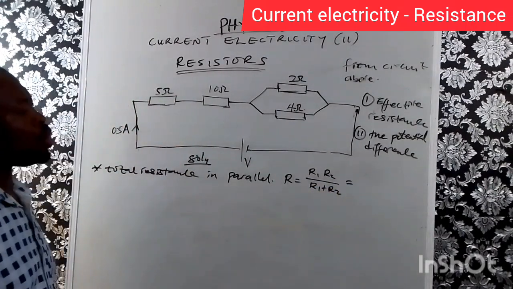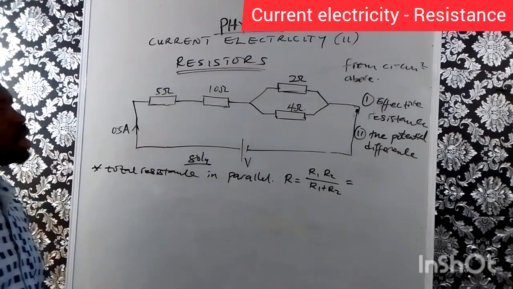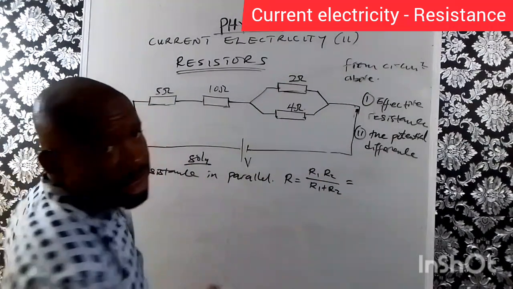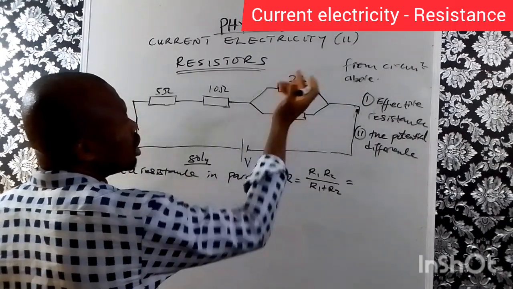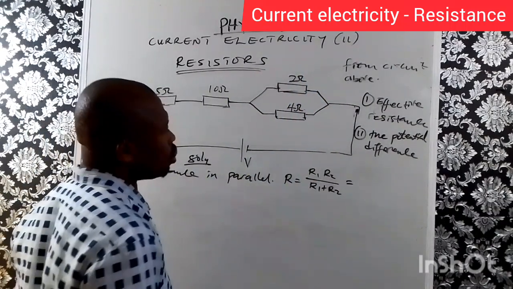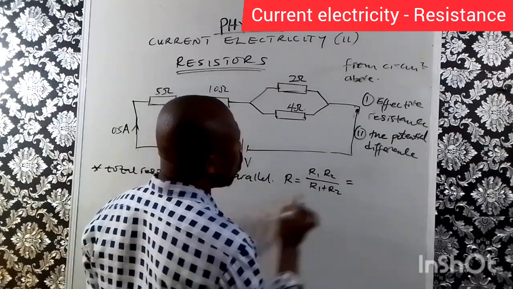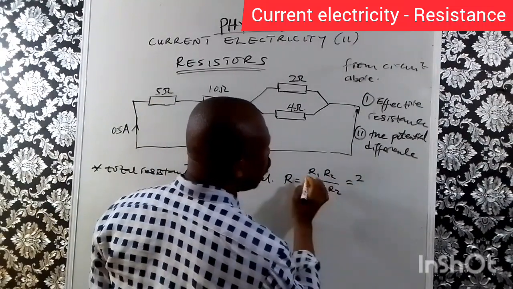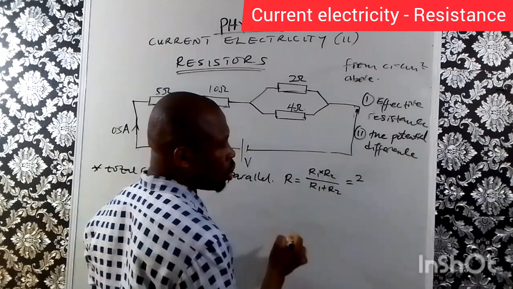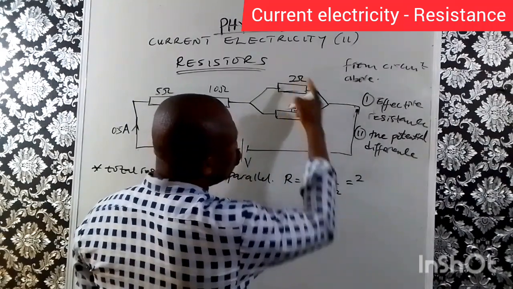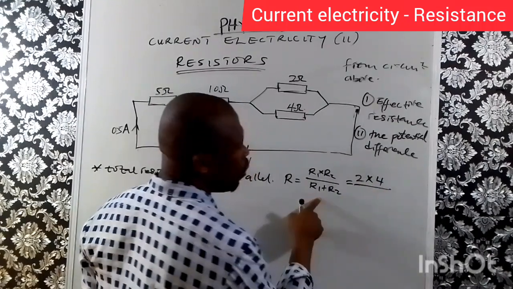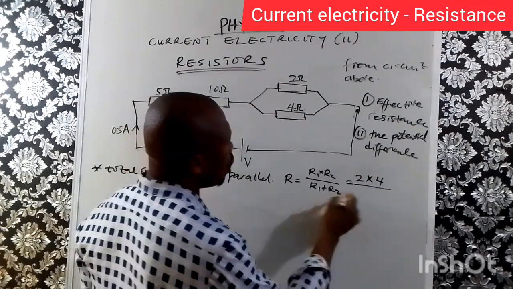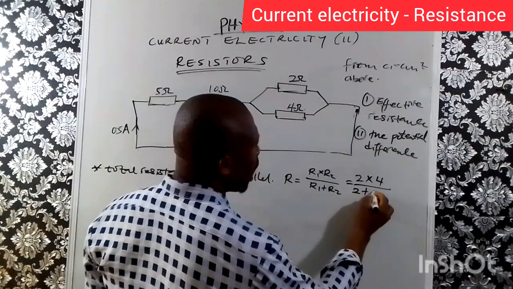Now, we can have this one as R1, we can have this one as R2, however you want to take it. So R1 is 2, of course, you know that this thing means multiplication, R1, 2 times R2, which is 4, all over R1, which is 2 plus 4.